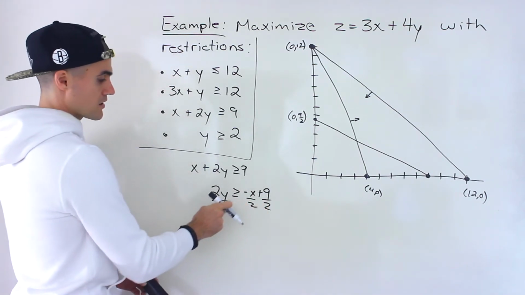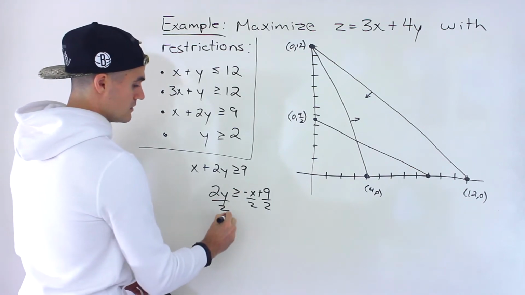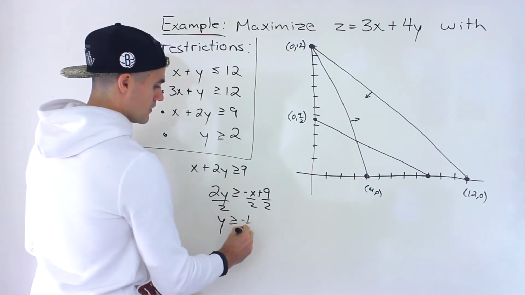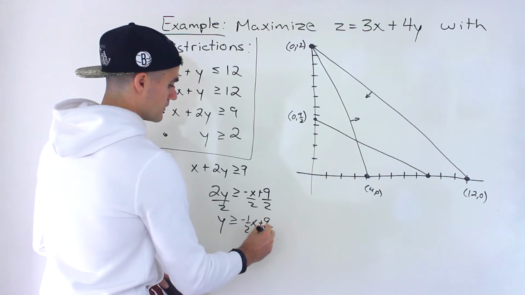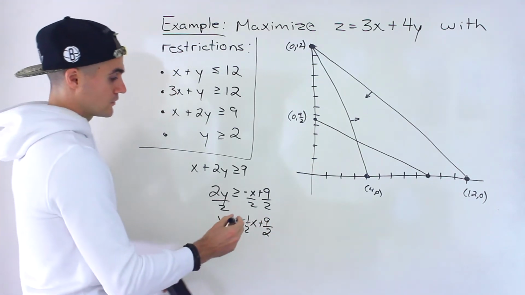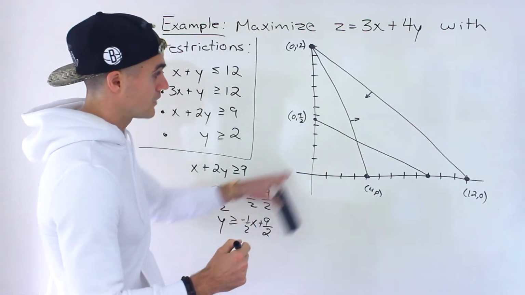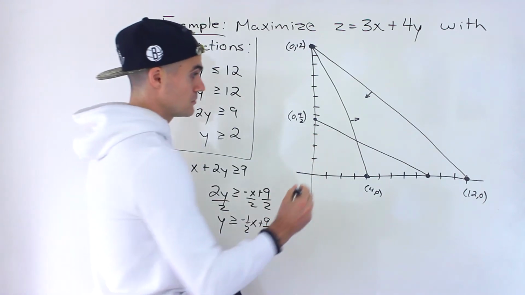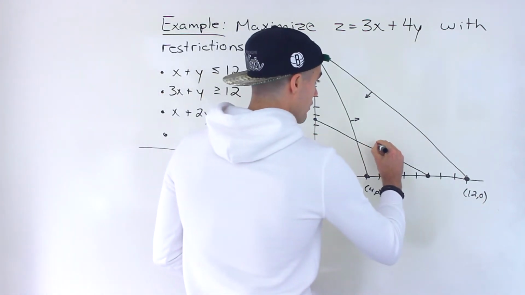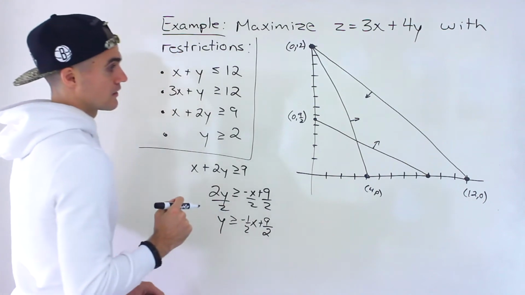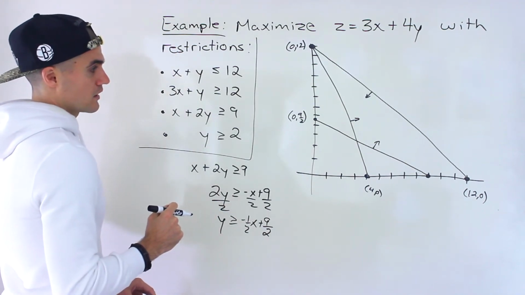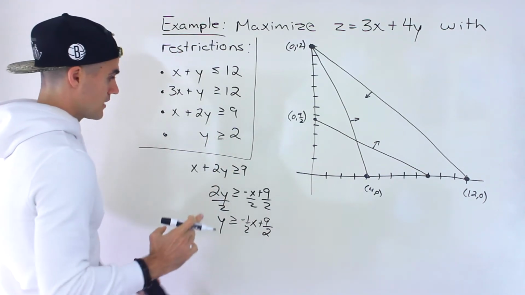Because we're dividing by a positive, we don't have to flip this sign. And we'd end up with that right there. So all the y values greater than or equal to this line, which is this line over here. So we'd be looking at this area right there. All right, so we're getting our region tighter and tighter.